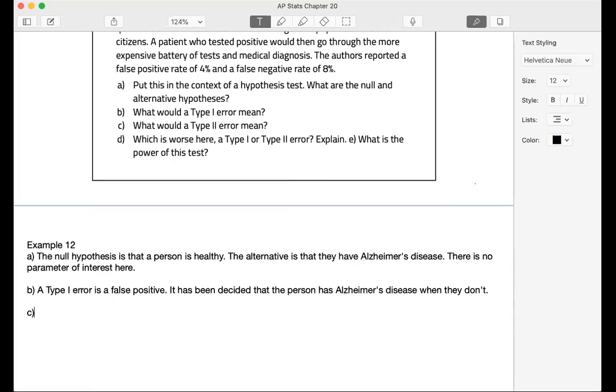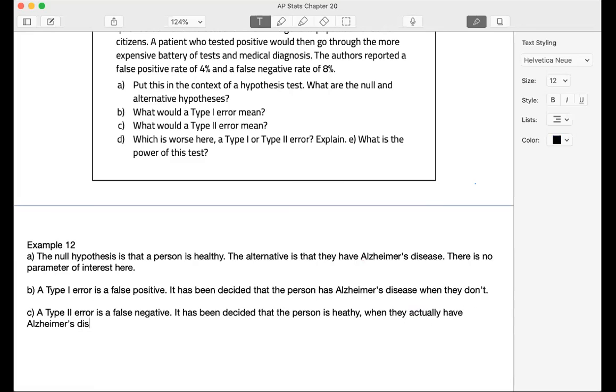All right, C, type 2 error is a false negative. It has been decided that the person is healthy when they actually have Alzheimer's disease.